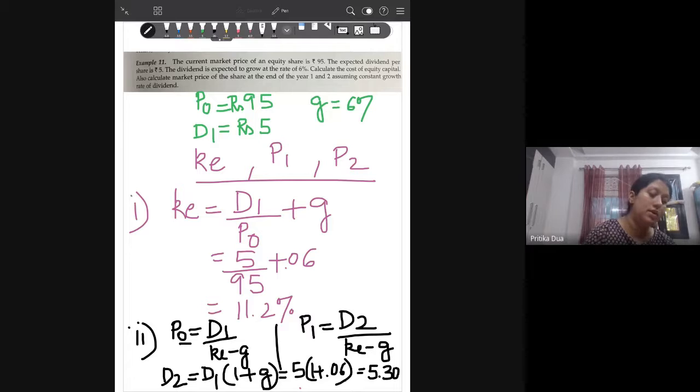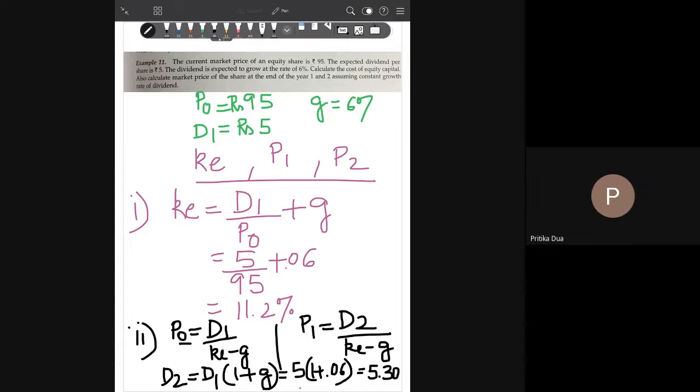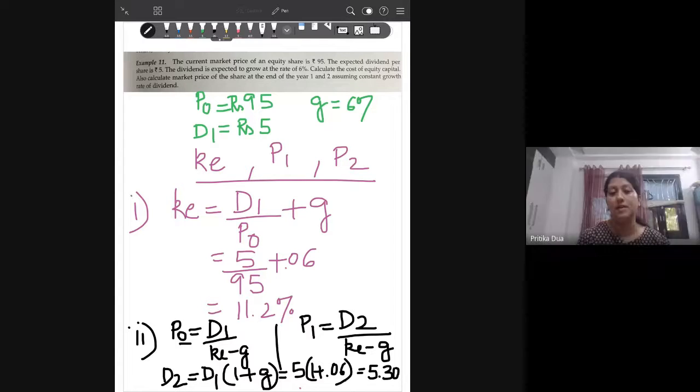So this can then be put in the above formula, 5.30 dividend. Put it here in this formula and you will get the value of P1. Please check how much is the value coming to, and also calculate the value of P2, the expected price at the end of year 2.